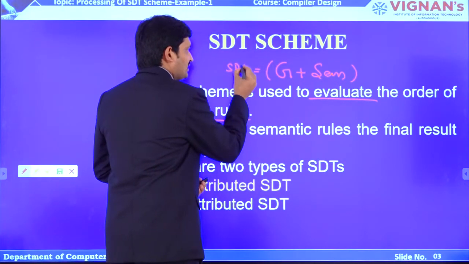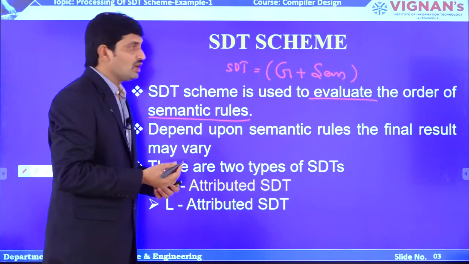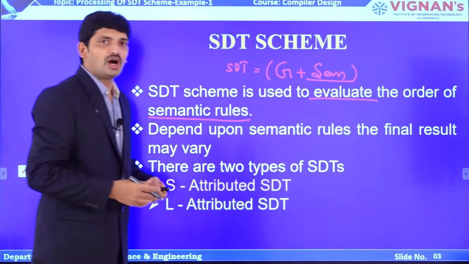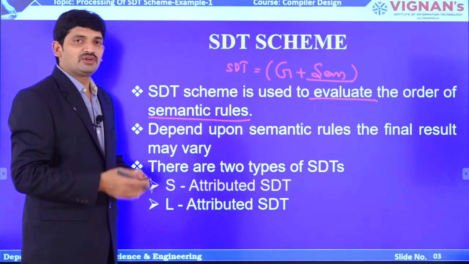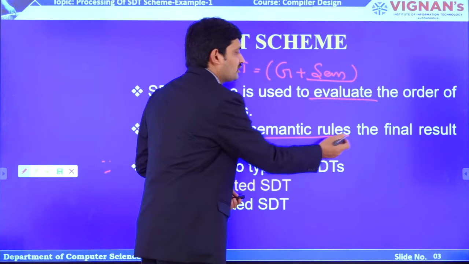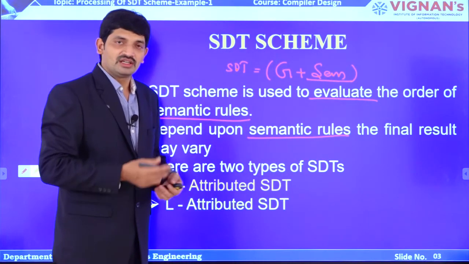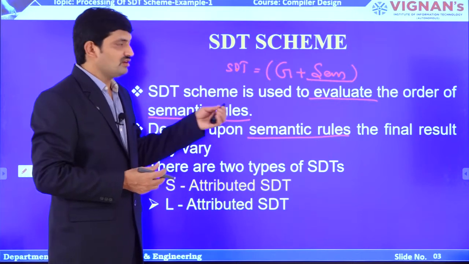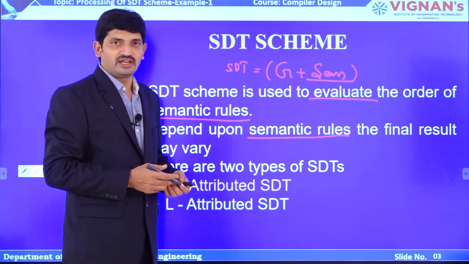The SDT scheme tells us the evaluation order of the semantic rules, how we are going to evaluate them, and depending upon the evaluation order the output may vary.